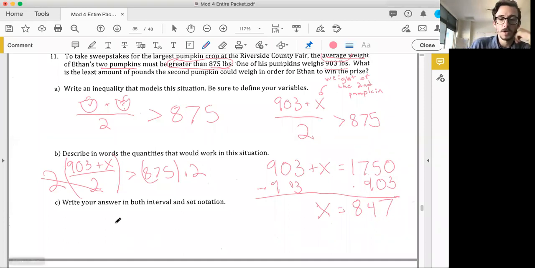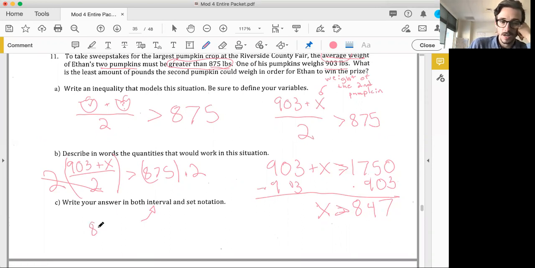Write our answer in both interval and set notation. Remember that set notation. Well, what do you think that looks like? Well, interval, we know that, and again, this is all x is greater than. We know that if it's the interval, we know that we're talking about where it's going to work using parentheses or brackets.